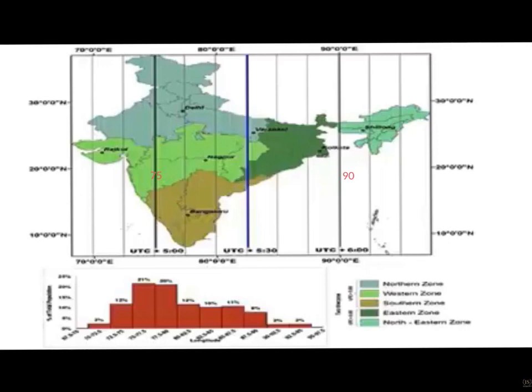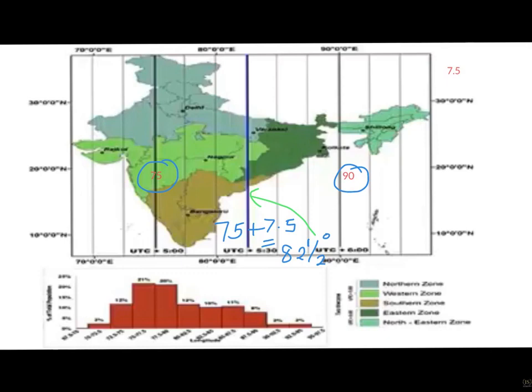According to the International Convention, it's a rule that the standard meridian should be divisible by 7.5. So we could have 75 as Indian Standard Time, 75 plus 7.5, that is 82.5 degrees as Indian Standard Time, or 90 degrees as Indian Standard Time.